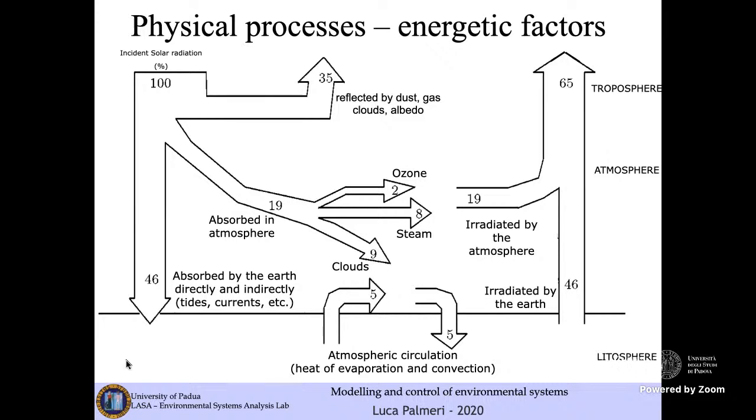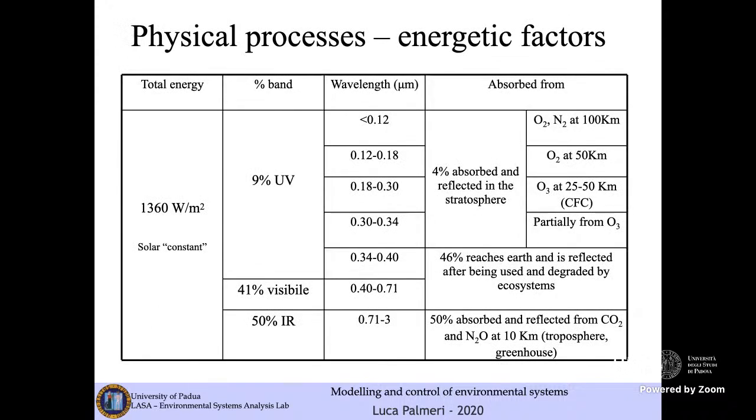This is exactly the 46 that is absorbed by the Earth, directly or indirectly, and that is employed for photosynthesis, because we have it partially in the ultraviolet, but mainly in the visible part of the wavelength range. So this part of the radiation coming from the sun, amounting to 46%, is the radiation responsible for primary production.